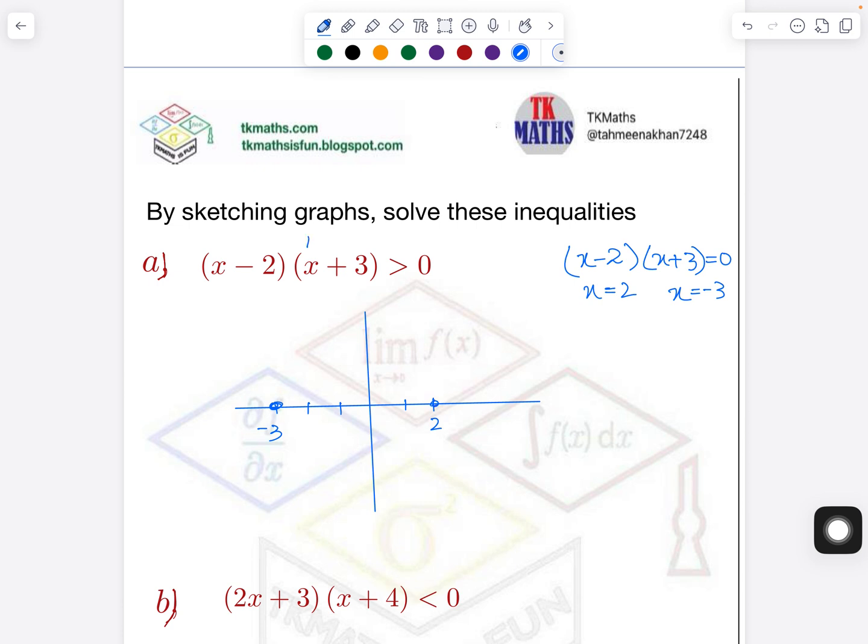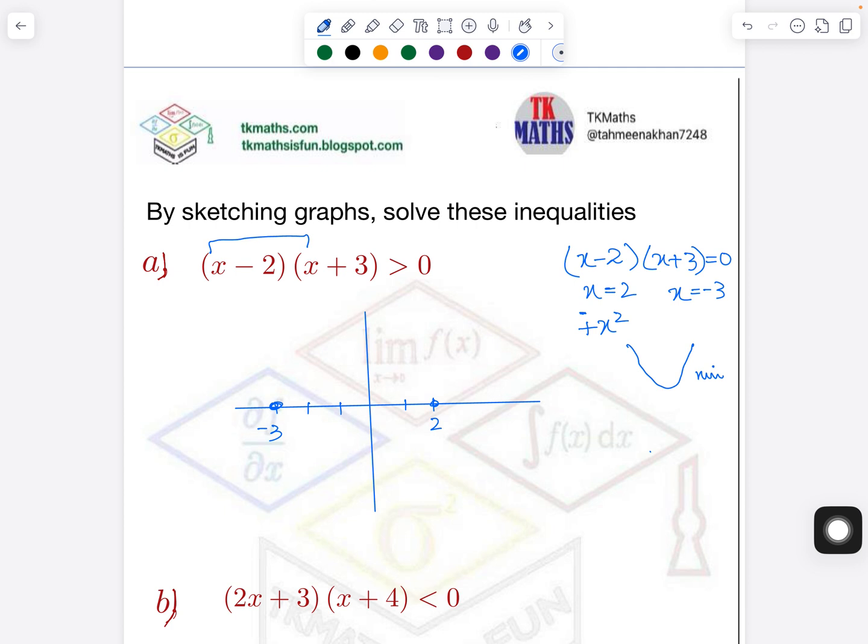Now the coefficient of x square, if you multiply them, it will be plus x square. Since it is positive, the shape of the curve will be like this, right? Because the coefficient of x square helps us to identify the shape of the curve. It will be minimum value or maximum value. So this shape is called minimum value curve.